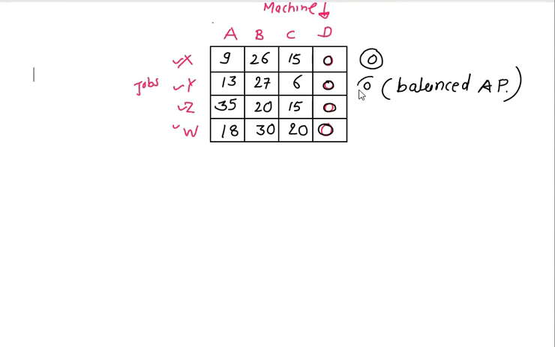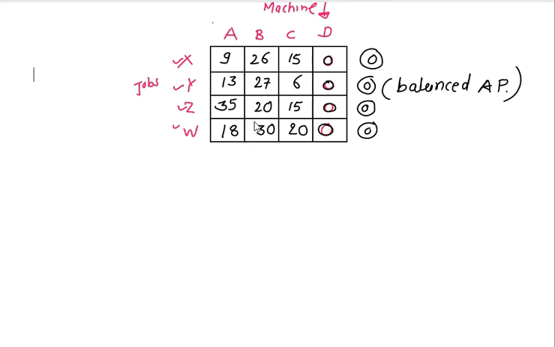Similarly, the second, third and fourth rows have smallest element 0. So when we subtract 0, elements in all four rows will not change. So the first step will not change the elements in the cost matrix.